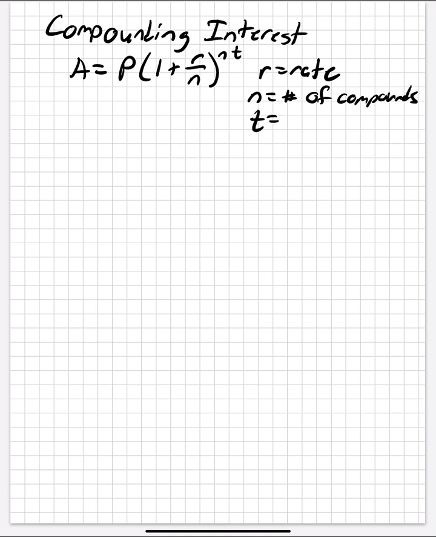And t is time. T is normally in years for these kinds of problems. And P is our present value or present cost, so whatever our initial value, what we're starting with, is P.